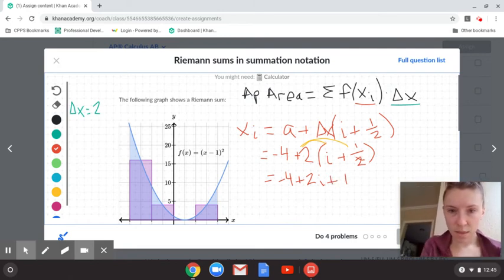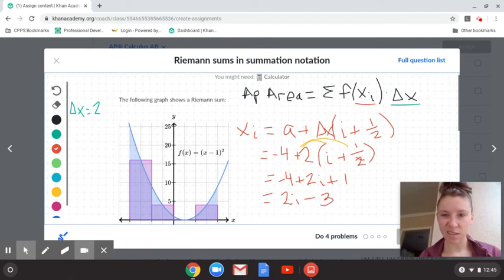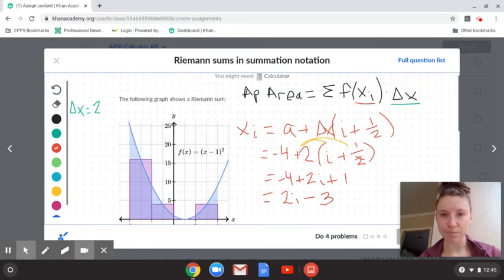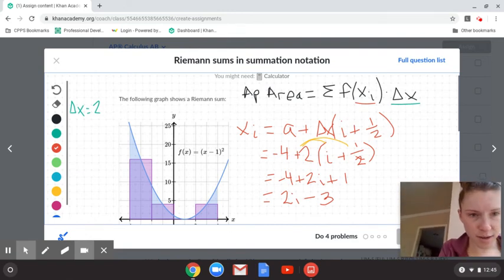Okay, and then we can put the -4 and 1 together, so we got 2i minus 3. I think that's probably what they kind of use in here. Yeah, they put the I first. Okay, so that's our x sub I. That's probably the hardest part. So let's write this on the side if we can.